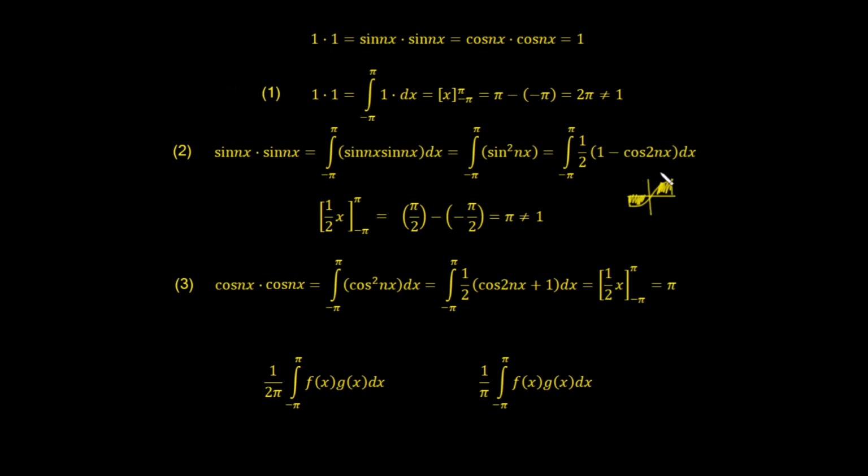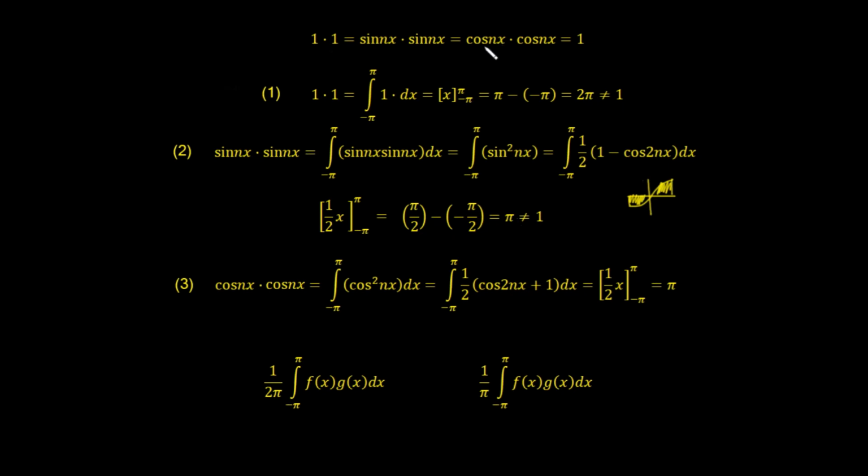So we don't need to bother about this factor. We're left with a half x from minus pi to pi. That gives us pi upon 2 minus minus pi upon 2, which is a value of pi. Again, this doesn't equal the value of 1 that we required, but it doesn't really matter because it's just a constant term. To get the correct dot product, we can just divide throughout by this term of pi.